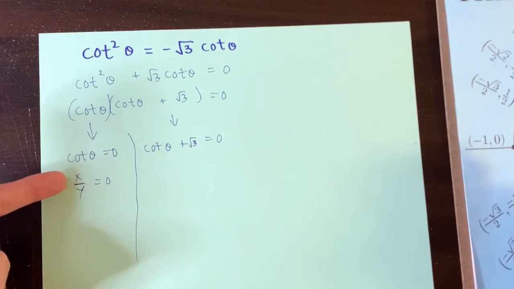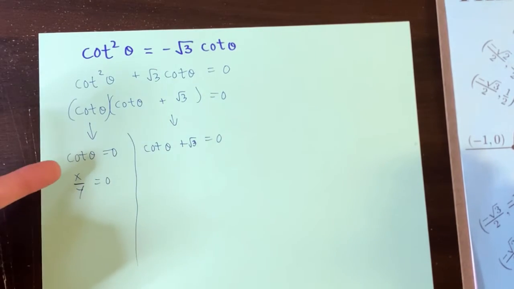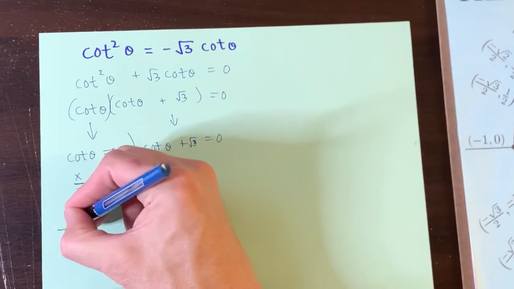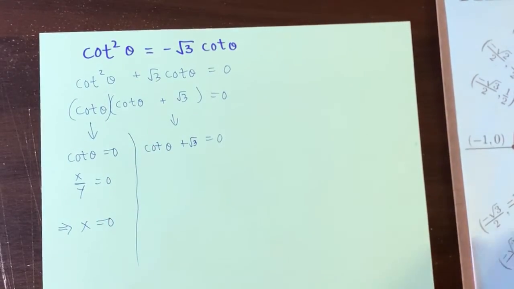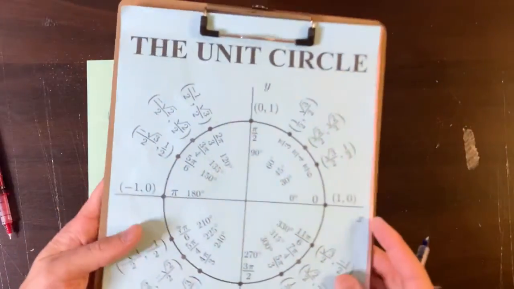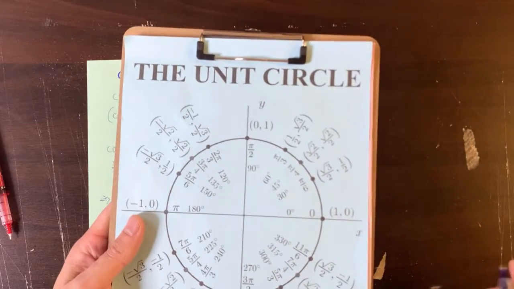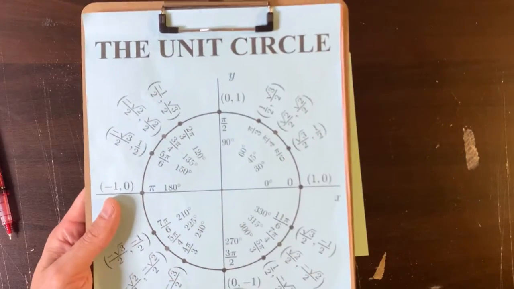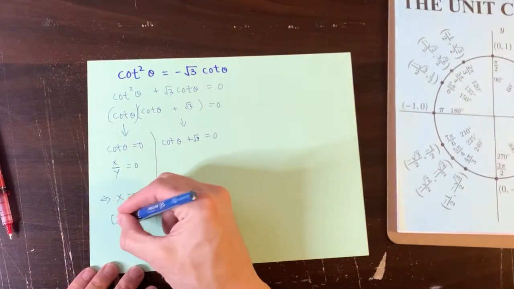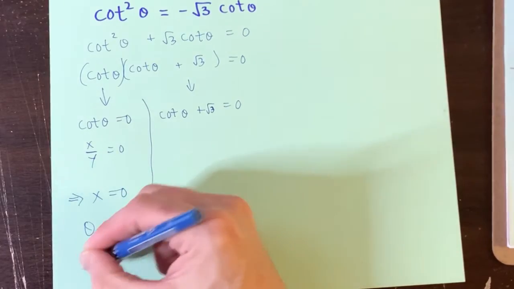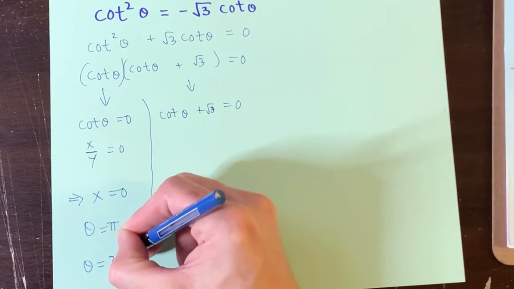And okay, look, a fraction equals 0. That implies that the numerator, so the implication here is that x equals 0. And so look for that. Where is x 0? X is 0 here and here. So we have pi over 2 and 3 pi over 2. So that's what we get from this one equation.